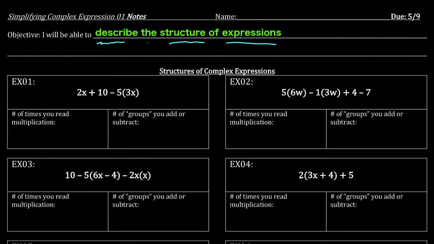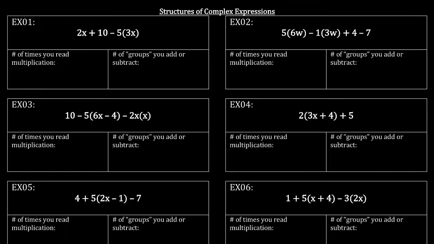So, when we read this first one, let's count the number of times we're going to say times, really, multiplication. 2x plus 10 minus 5 times 3x. So we only said it one time.